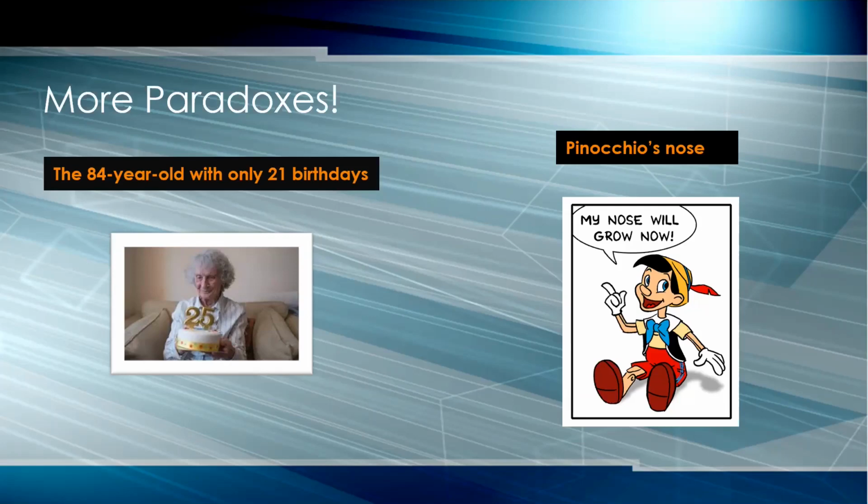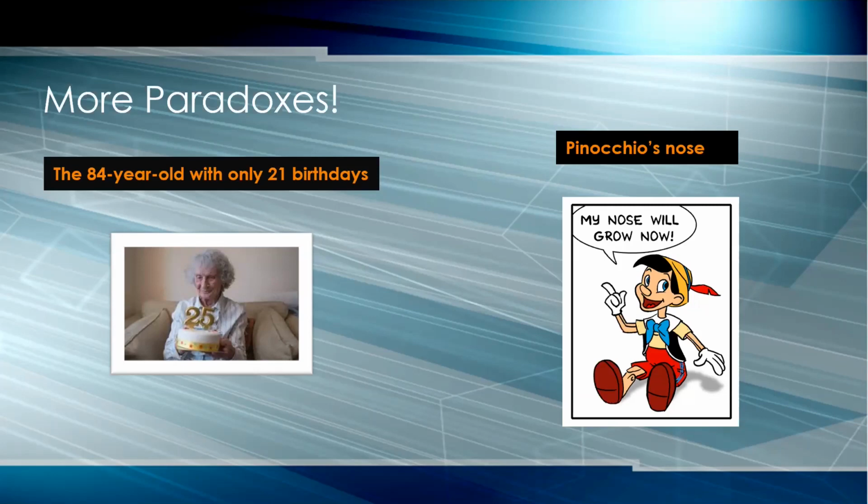But now that his nose is growing, the original statement becomes true, because his nose is growing. But now that his statement is a truth, his nose stops growing. So, in this sense, we're not sure whether his nose will grow or not.